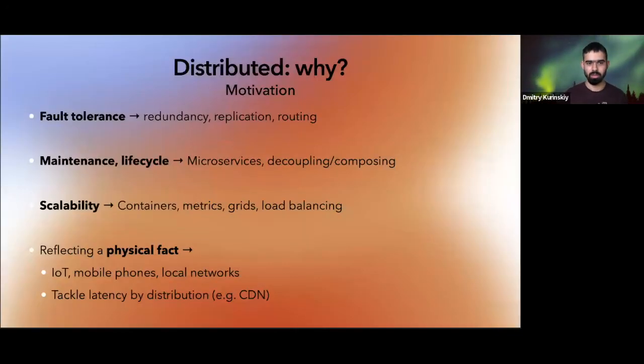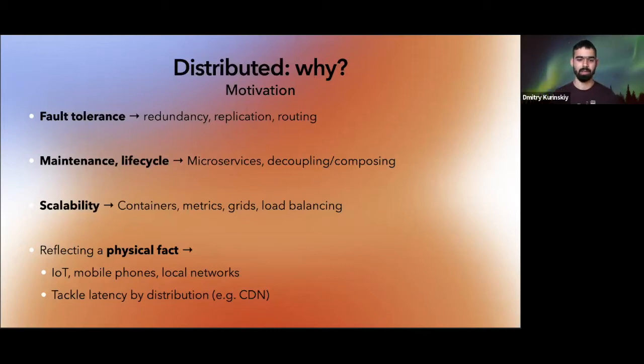So first of all, let's speak about the common Web2 distributed approach. If I'm a common ordinary Web2 developer and I have a new project, then why will I make it distributed?